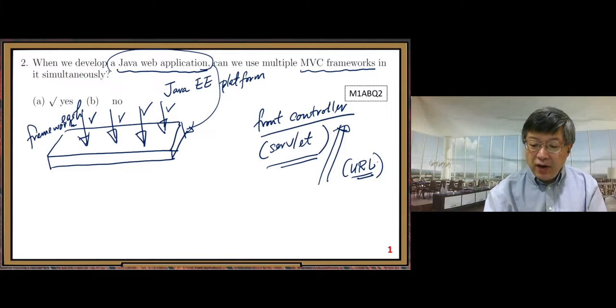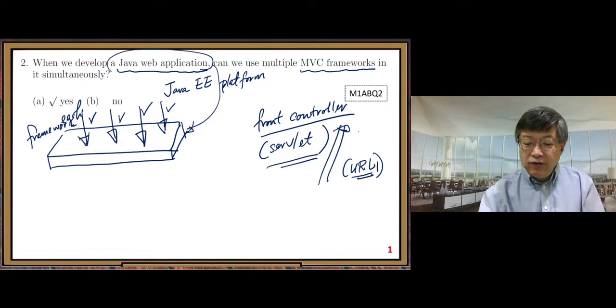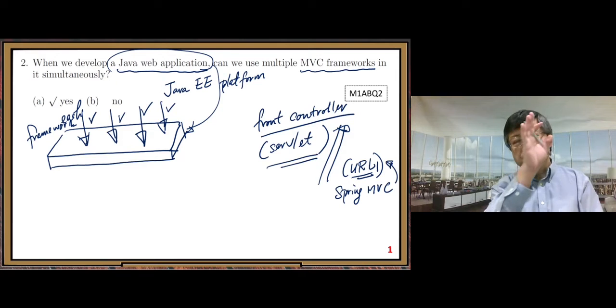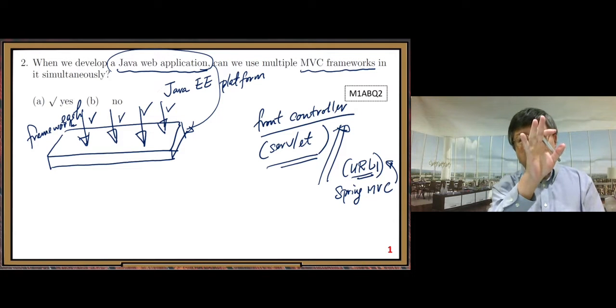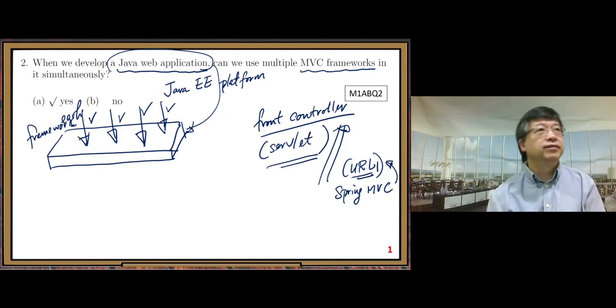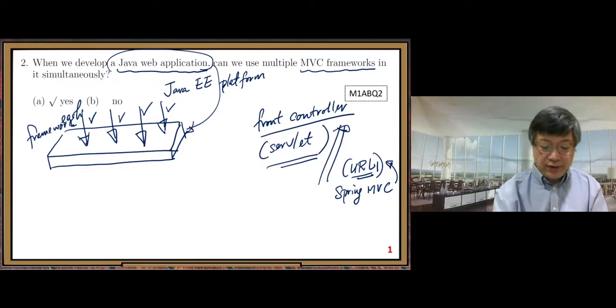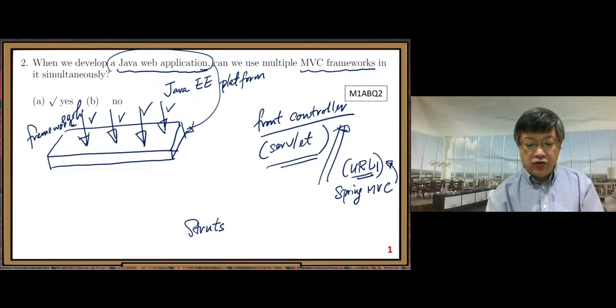So let's say URL 1. For Spring MVC, we use URL 1 for its front controller. Then suppose we have another framework, let's call it Struts.